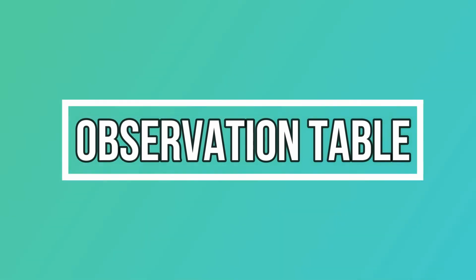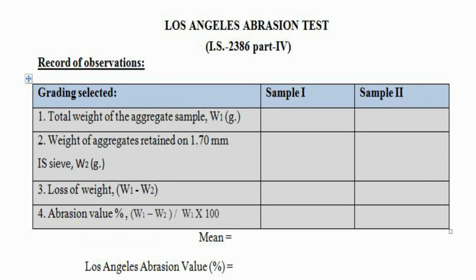Observation table. Grading selected. 1. Total weight of the sample, W1 gram, is 5 kg. 2. Weight of aggregate retained on the 1.7 mm IS sieve, W2 gram, is 4375 gram. 3. Loss of weight, W1 minus W2, is 625 gram. 4.